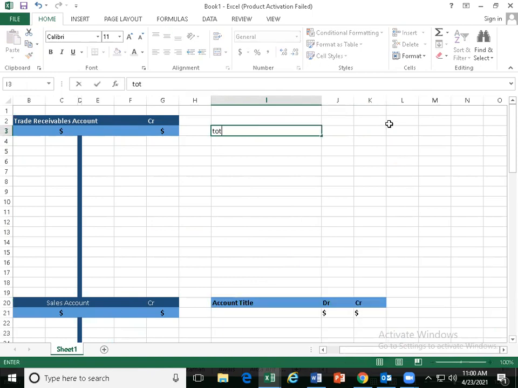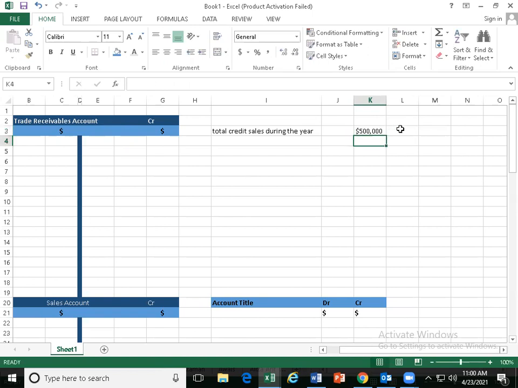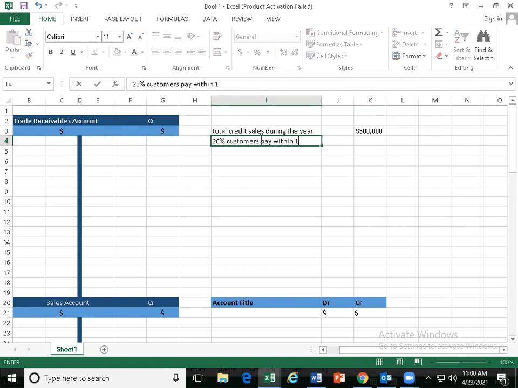Okay, so total credit sales during the year were $500,000, right? And what we were told was that 20% of customers pay within 10 days.